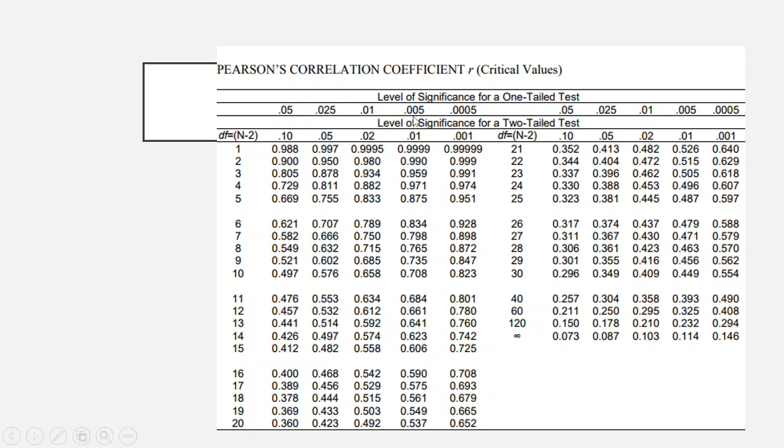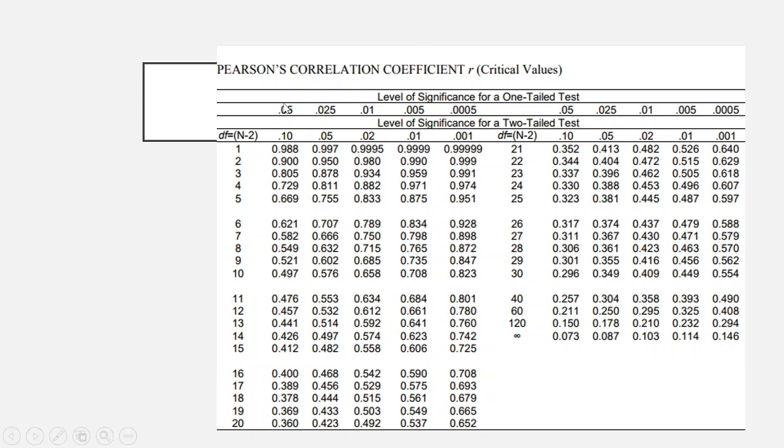So you'll notice that there's a row for level of significance one-tailed and a level of significance for two-tailed. And you'll notice that they're stacked one on top of the other. This is, if you remember, when we learned about regions of rejection from the hypothesis testing lecture, just a virtue of the fact that when you go from a two-tailed test to a one-tailed test, you're essentially doubling the region of rejection and placing it all together on one side. That has the effect of making it technically easier to achieve significance with a one-tailed test.